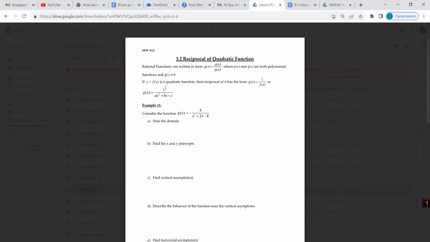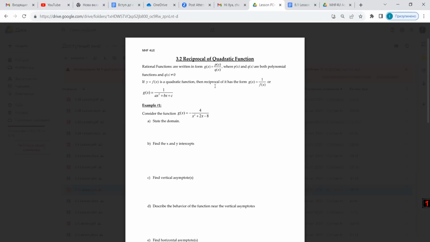If y equals f of x is a quadratic function, then its reciprocal has the form g of x equals 1 over f of x, or g of x equals 1 over ax squared plus bx plus c. Okay, this is a general example.